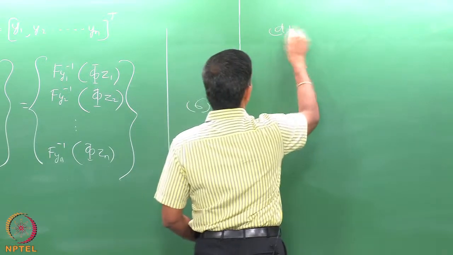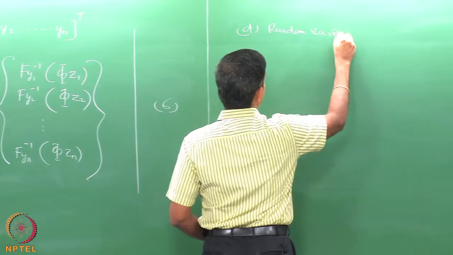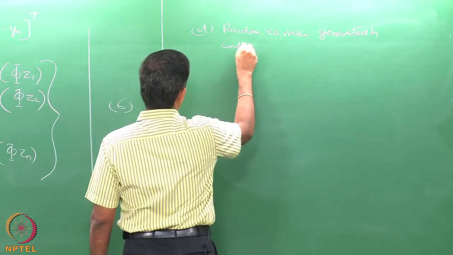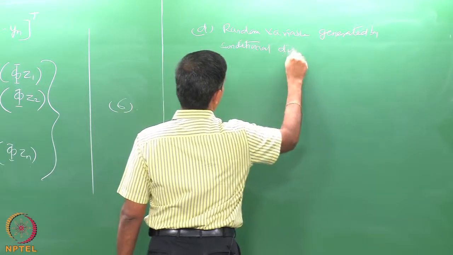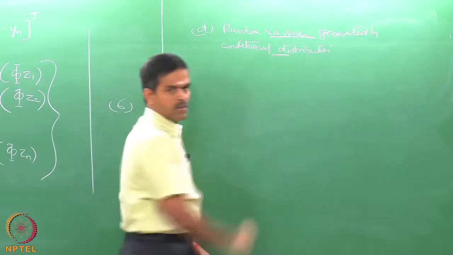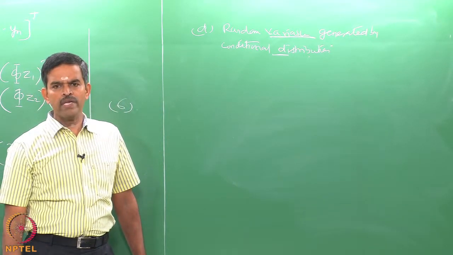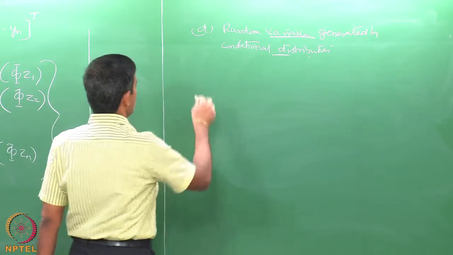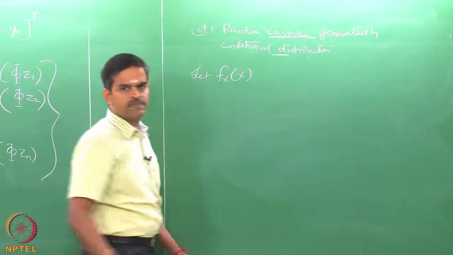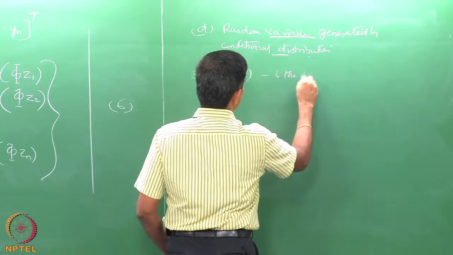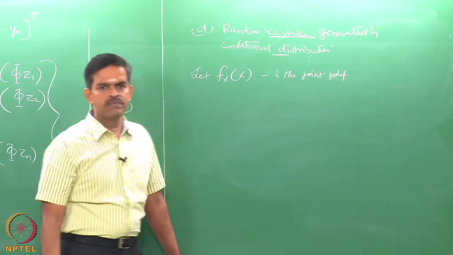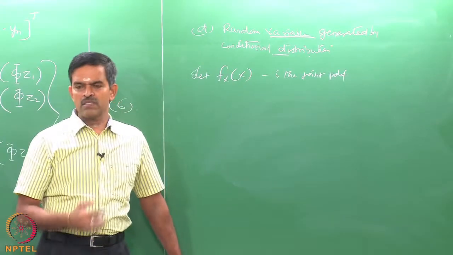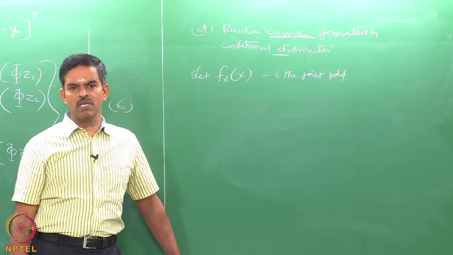So, random variables generated by conditional distribution: to generate an outcome of a vector which is a random variable whose joint PDF, let f of x be the joint PDF defined by the conditional distribution. One is interested to generate a sequence of n statistically independent uniformly distributed random variables which is given by this.